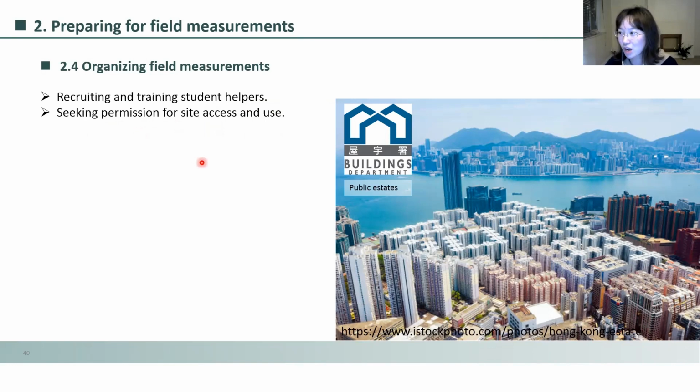So this summer, my colleague planned to conduct a field test in public estate in Hong Kong. So she needed to get the permission from the building department. But it took her more than 1 month to wait for the response from the government. And finally, she got the permission at the end of July. But at that time, half of the summer had passed. So that's quite a sad story.